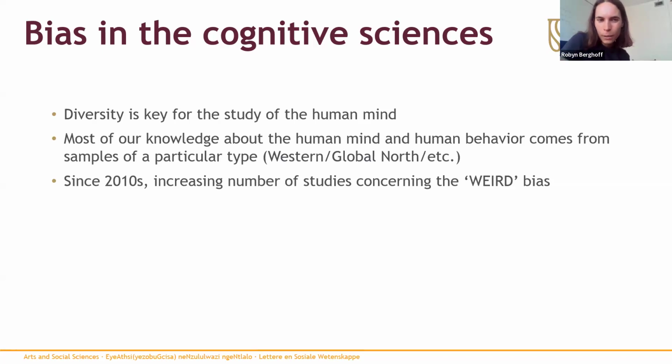So this discussion, especially since the 2010s, has really gained traction. There have been a number of publications dealing with this issue, but that has been, for the most part, concerned with the cognitive sciences more broadly.